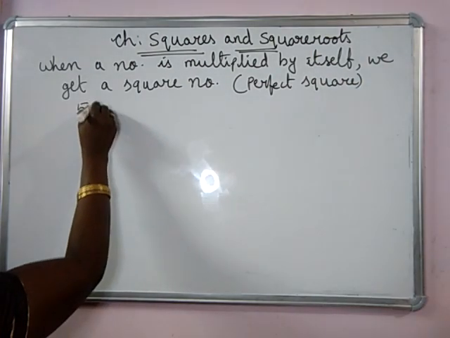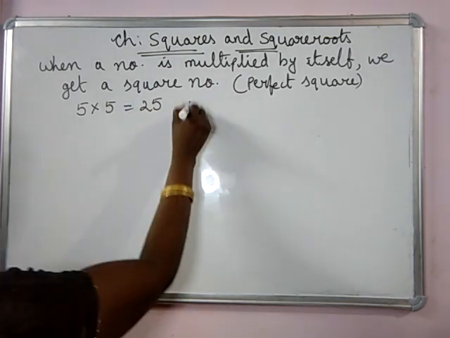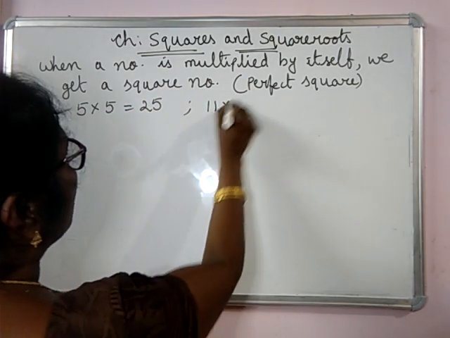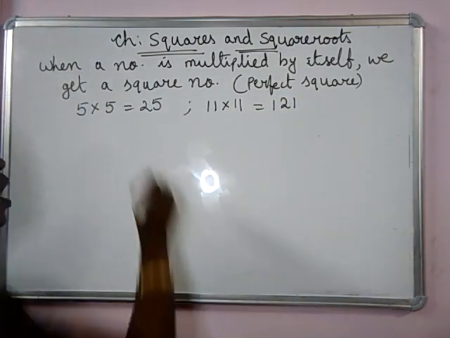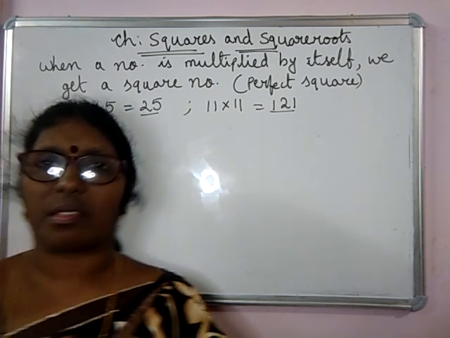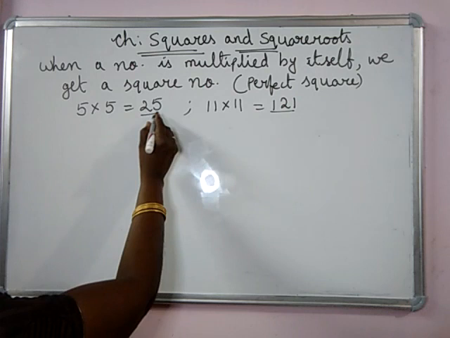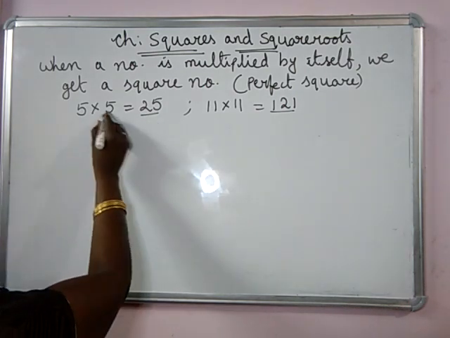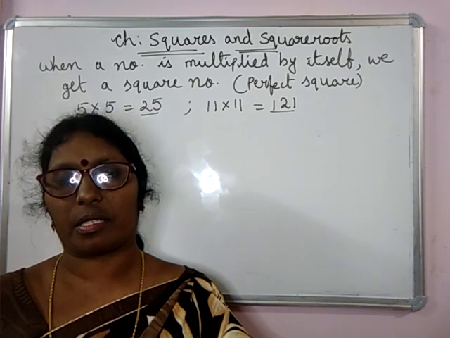Suppose 5 is multiplied by 5, we get 25. 11 multiplied by 11, we get 121. So 25 and 121 are known as perfect squares. That means perfect squares have pairs of identical factors.